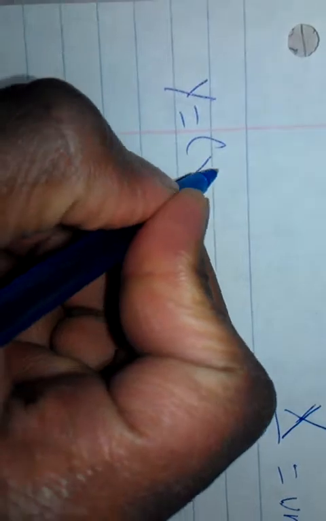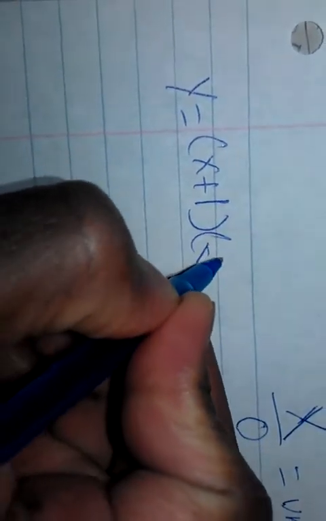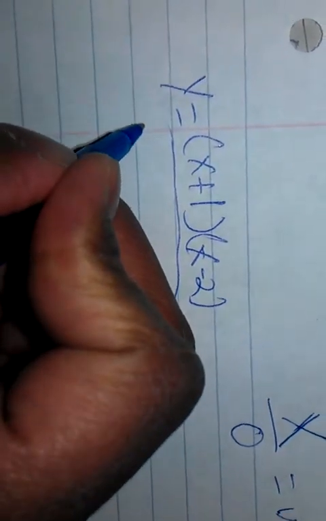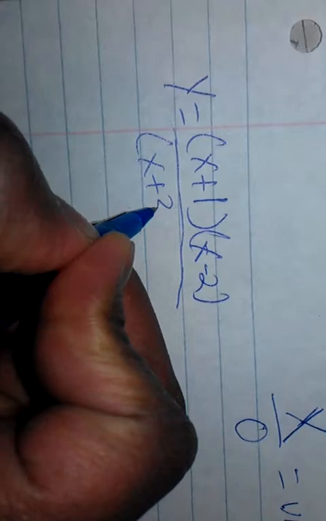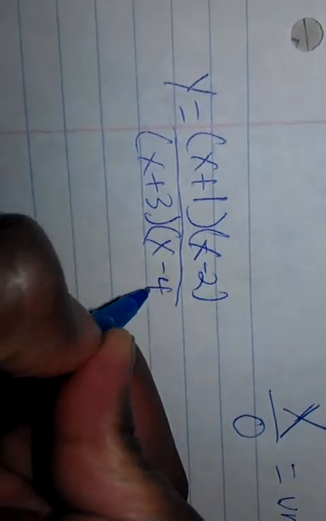So y is equal to x plus 1 times x minus 2 over x plus 3 times x minus 4.